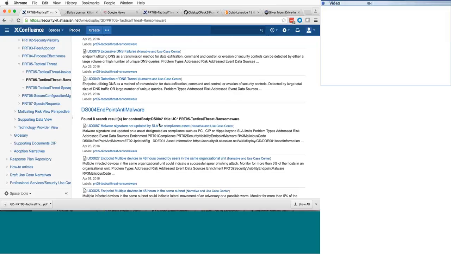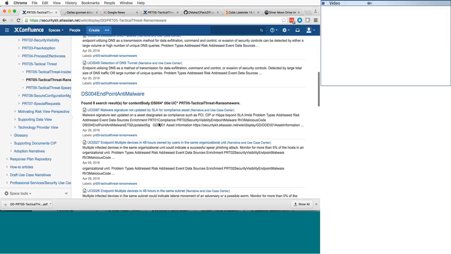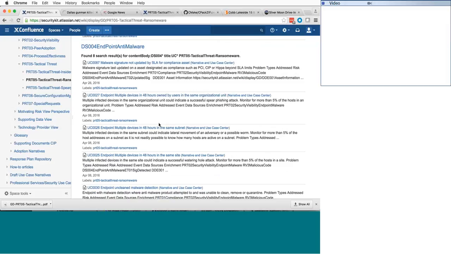Endpoint anti-malware is rumored to have been dead for years, but it's really not. But unfortunately, many organizations don't think proactively about how to take advantage of their logs. They simply use the data reactively. So we start to talk about the approaches for use cases that would help you to take advantage of that most primitive of data sources to limit the spread of ransomware in your environment. And we add additional concepts from spear phishing.